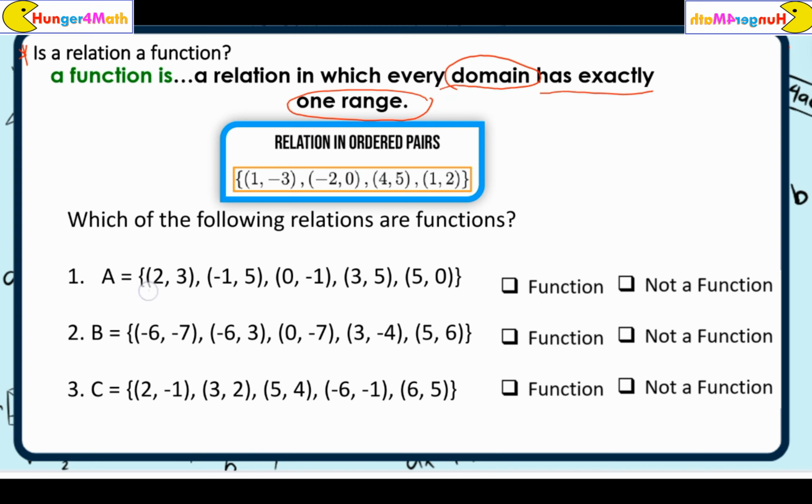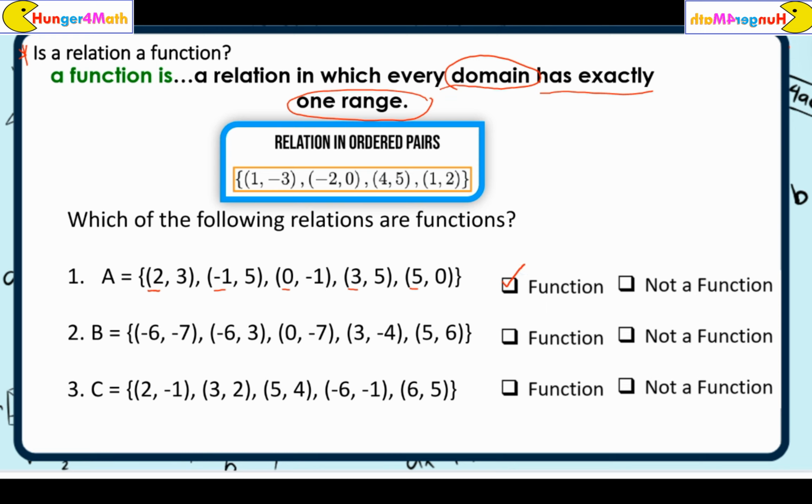For letter A, we have 2, -1, 0, 3, and 5. The value of x should be used only once, with no other pair of range, so that we can classify it as a function. Now, since on letter A there is no repeated x value, this relation is a function.